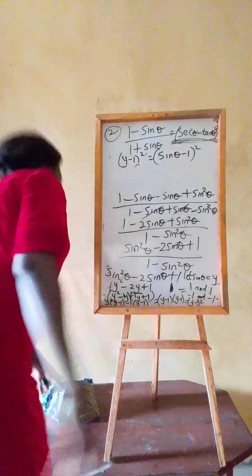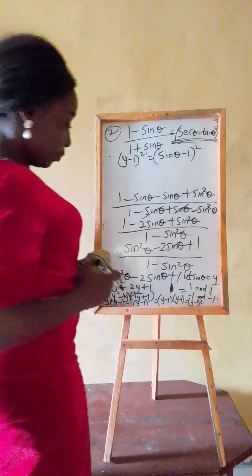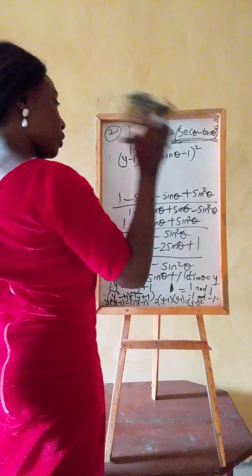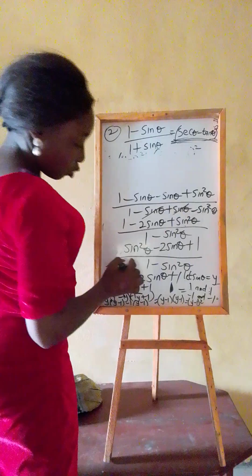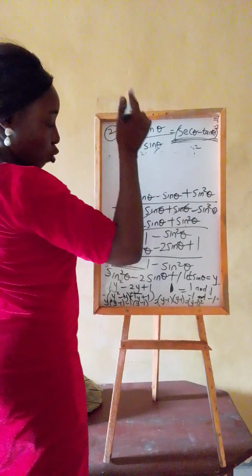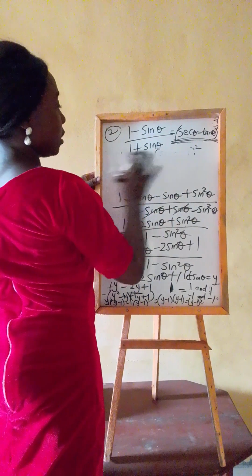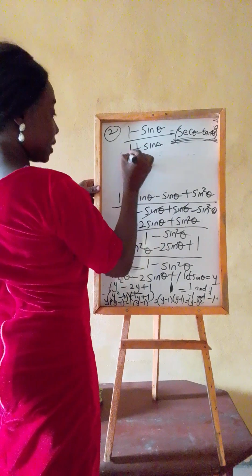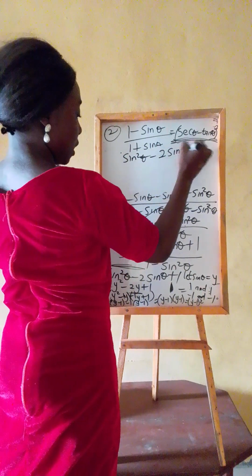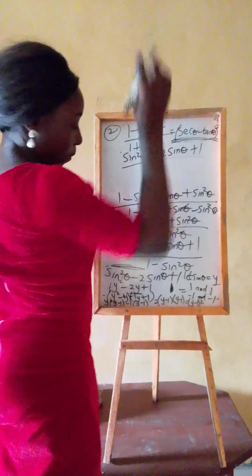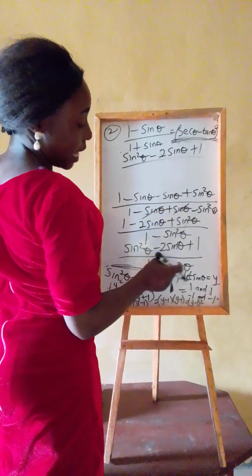And if you don't do it that way, you can decide to go back to this. You write sine squared theta minus 2 sine theta plus 1 over 1 minus sine squared theta.